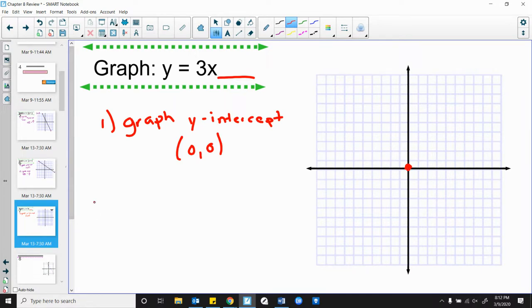Okay, and then for step 2, when we graph our slope, again, we're looking at rise over run. It equals 3 over 1, which means that I have a rise of 3, so I'm going to go up by 1, 2, and 3, and over 1.